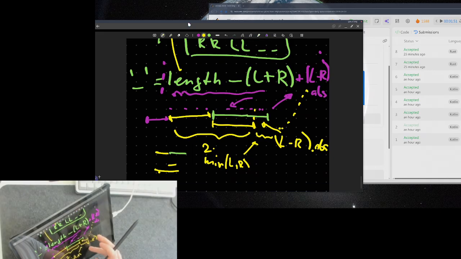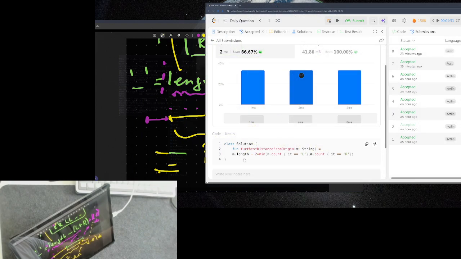So we kind of arrived at the formula of the length minus 2 minimums of LR.